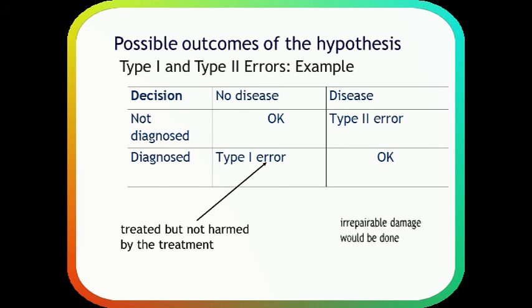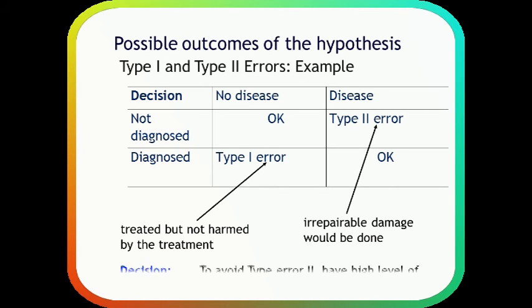Whereas when we look at type 2 error, the person is not diagnosed when he actually has the disease, because of which irreparable damage or complications may arise due to your act. So now the question still arises, to which error are you more likely to risk your patient?